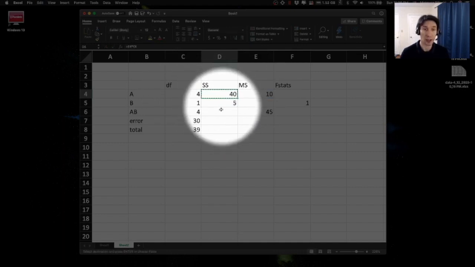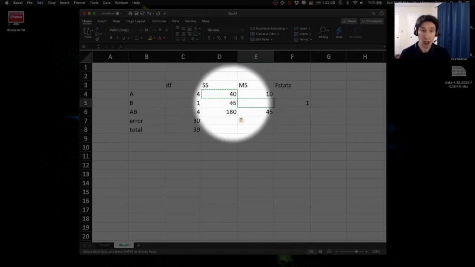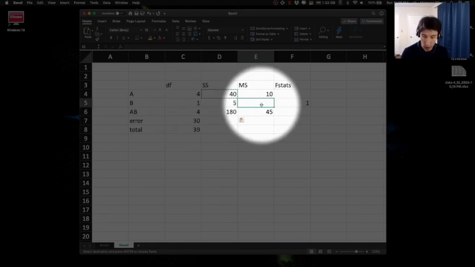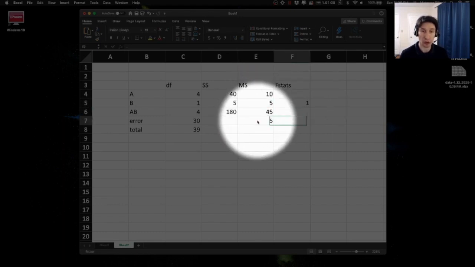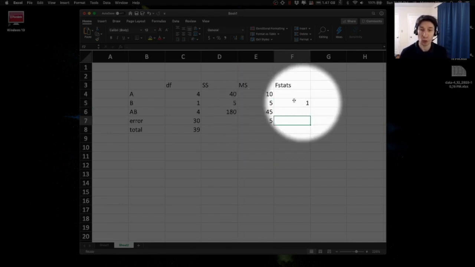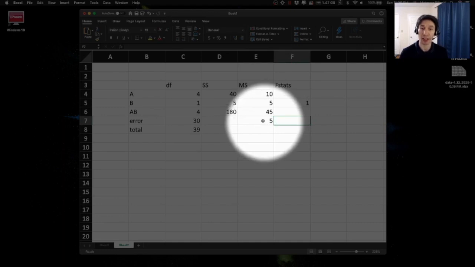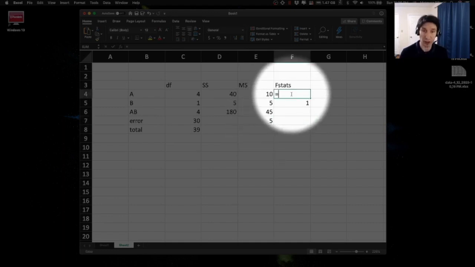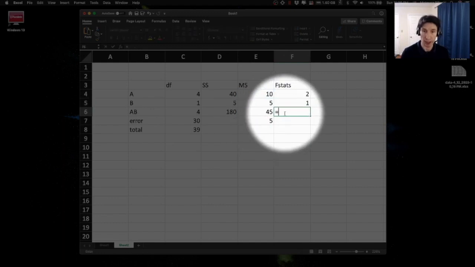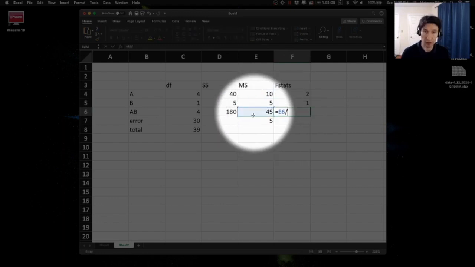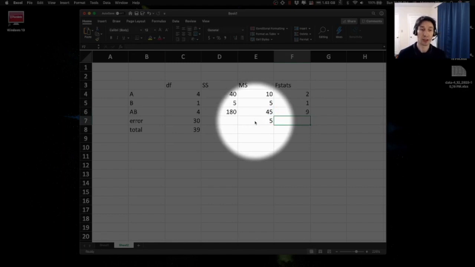This we can compute the exact same way, so I'm just going to copy the formula. This is 5 divided by 1, so that's just 5. And because of this 1 here, we know that this is also 5, because 1 is equal to 5 divided by 5. And this unlocks everything else. This is equal to 10 divided by this, and this is equal to 45 divided by that same thing.